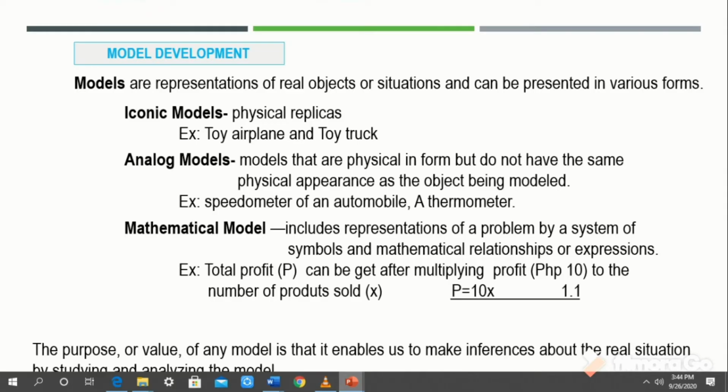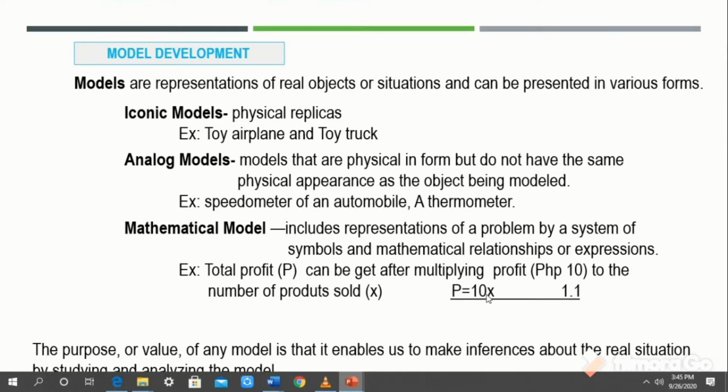Similarly, a mathematical model may be used to make inferences about how much profit will be earned if a specified quantity of a particular product is sold. For example, the total profit can be computed by multiplying the profit of 10 pesos per unit by the number of products X. So, P, your profit, is equal to 10X, where 10 is your profit for each item sold and X is the number of units.